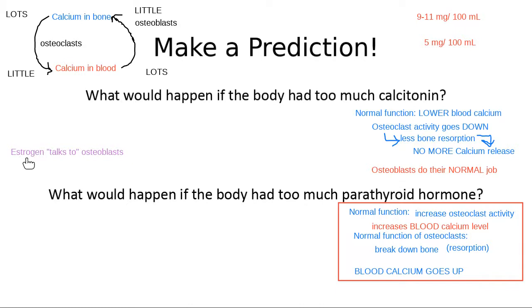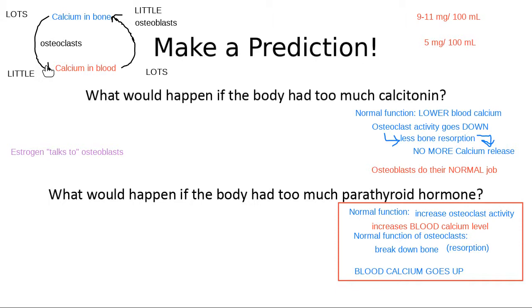When that estrogen is not released anymore, the osteoblast activity, the bone builder activity, goes down. So then I'm not building bone anymore. This half of my loop is gone, but this half keeps going. The osteoclasts keep doing their normal job. That's why bone density goes down.